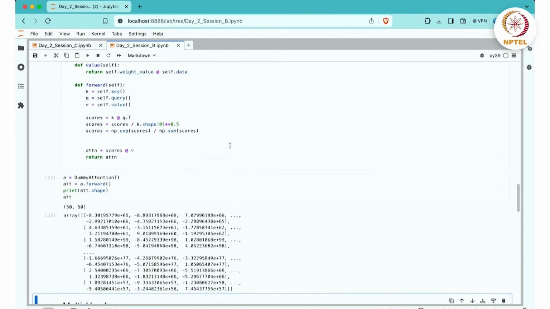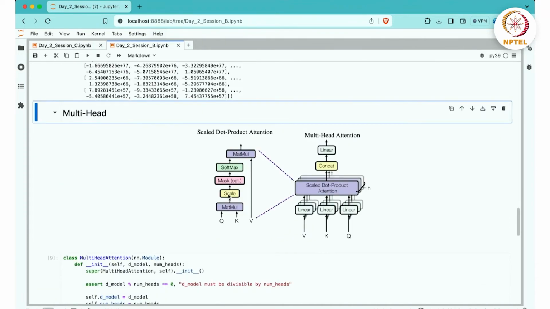And now the idea is you take this attention and you do it multiple times in parallel. Okay, and that is what becomes multi-head. And this is another very big benefit of the transformer architecture over previous architectures like RNNs and LSTMs.